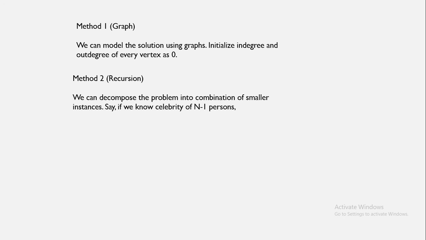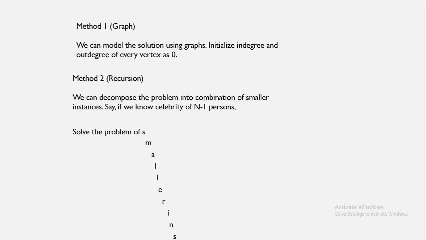The answer is we have two possible cases: the celebrity is n, or the celebrity is already the celebrity of n − 1. In the former case, n is the celebrity if n doesn't know anyone else. In the latter case, we need to check that celebrity n − 1 doesn't know n.